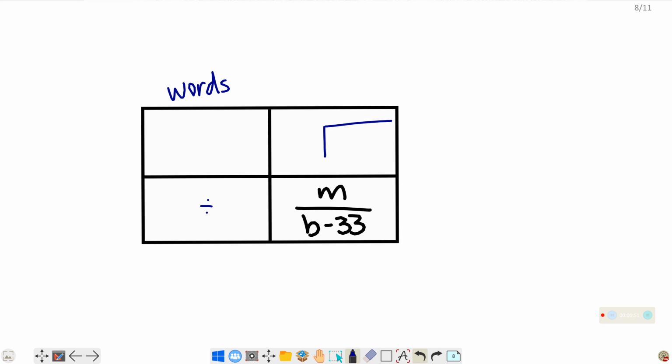Okay, so what we're going to do is write m divided by the quantity of b minus 33.